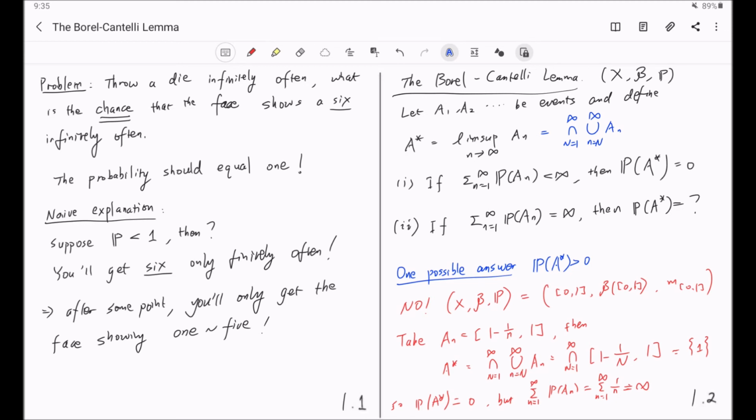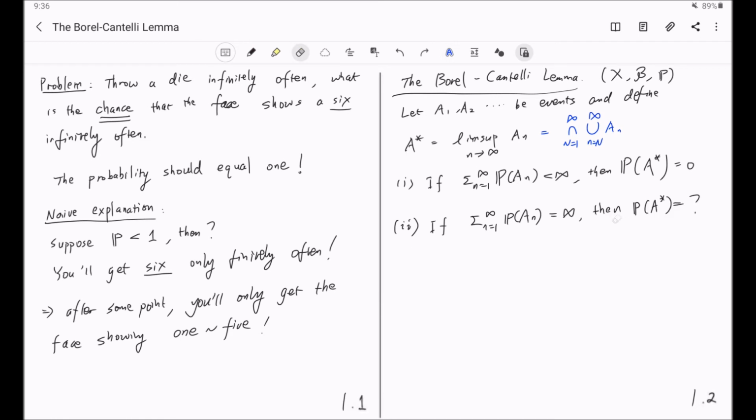It seems that if the summation of the probabilities is equal to infinity, then you won't get anything interesting just from this condition alone. So maybe it will be interesting if we add something more interesting here. What condition do we want to add to this? What would be a very natural condition for any statement in probability theory?